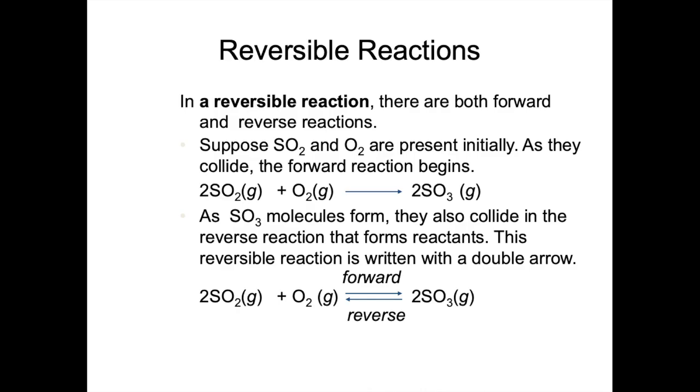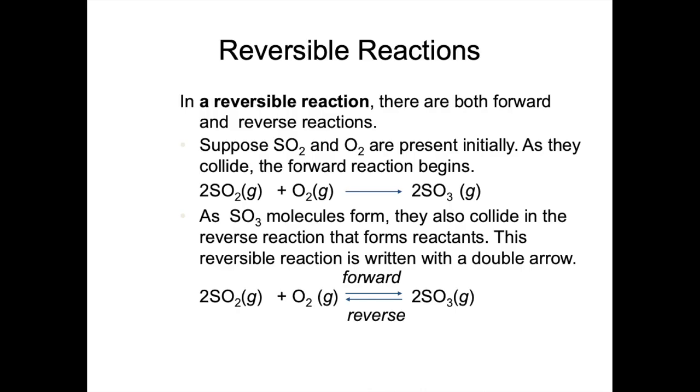And so coupled together, a forward reaction and a reverse reaction combined are known as a reversible reaction. For example, here we have a synthesis reaction where sulfur dioxide reacts with oxygen to make sulfur trioxide. That's your synthesis reaction, where you're taking multiple reactants to form one product.